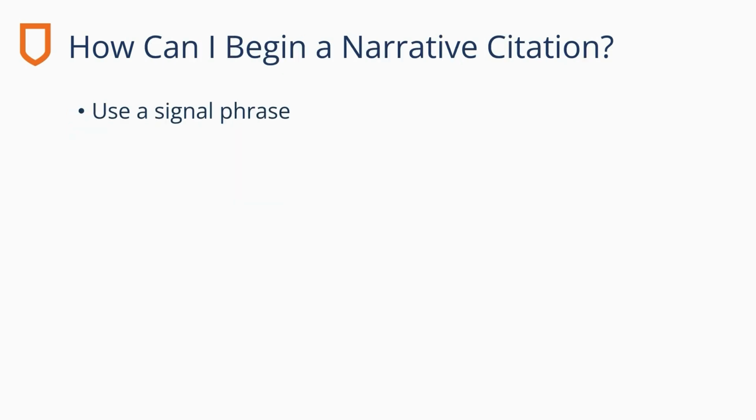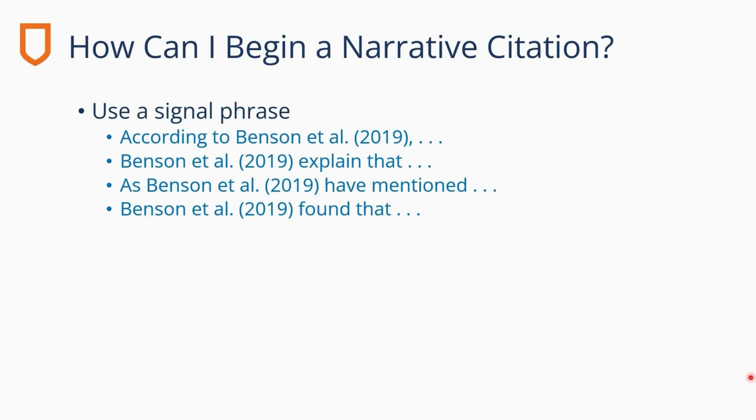You may have noticed in the examples of narrative citations we've seen, including author and date in your sentence, that a certain phrasing is used to introduce the author and year. These are sometimes called signal phrases. They can help you properly embed a quote into the grammar of your sentence. Here are some examples of signal phrases that you can try.